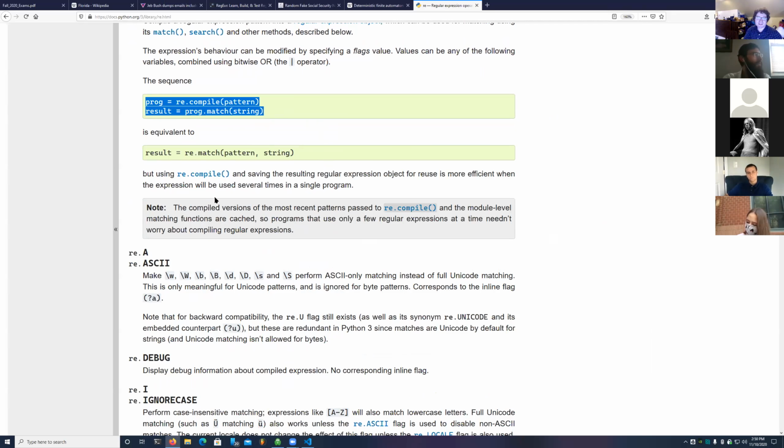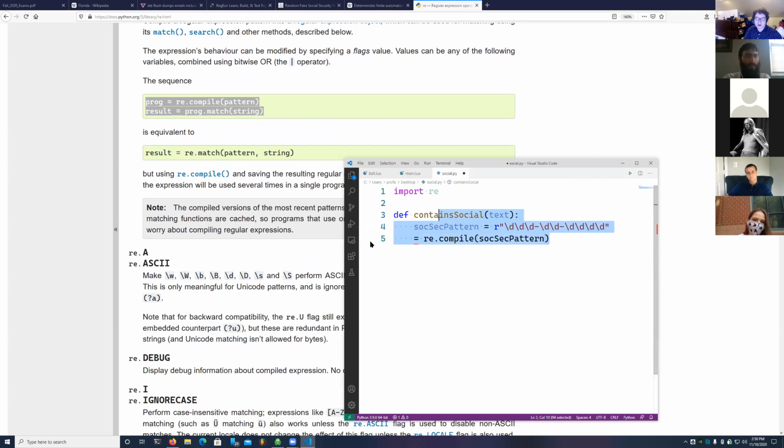The advantage of doing it like this is that you can reuse it. So re.compile. Now this creates an object for us to mess around with and find stuff.